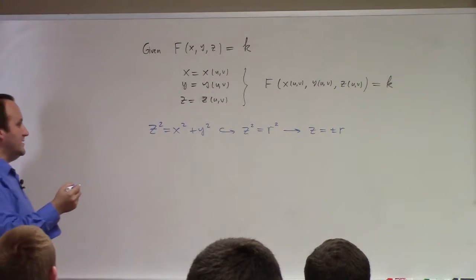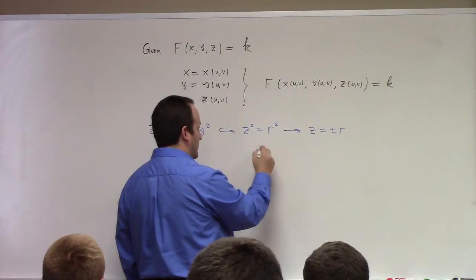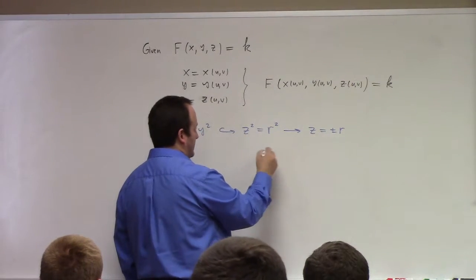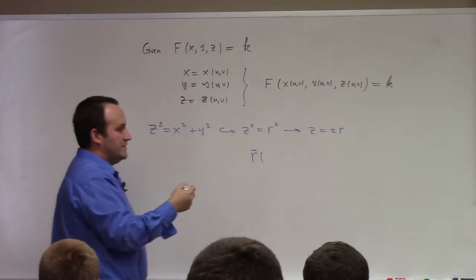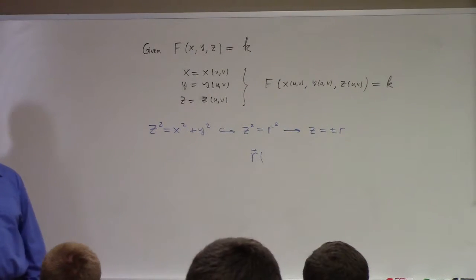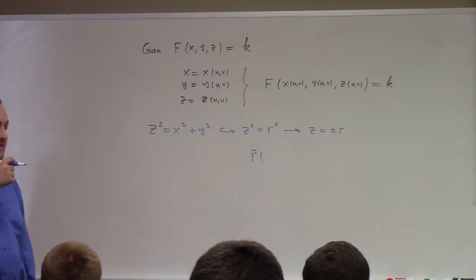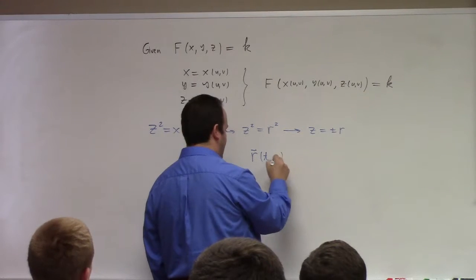And so one nice parameterization I could give would just be this. I could use, let's see here, I guess I'll use r vector. And what am I going to use for my parameters? What's that? t and theta? t and theta? Oh, okay. I'll take it.